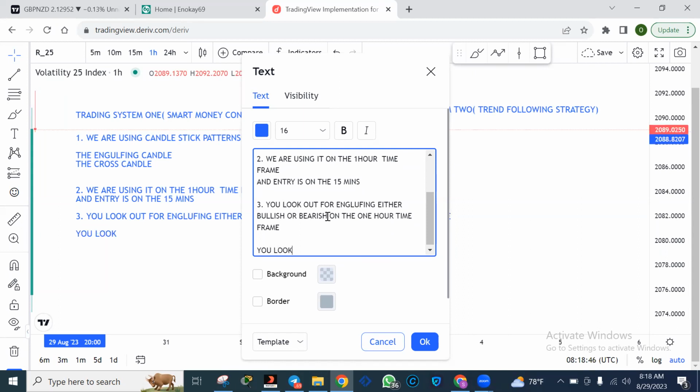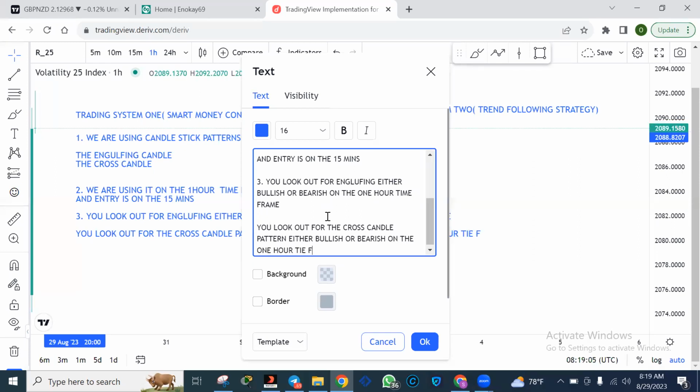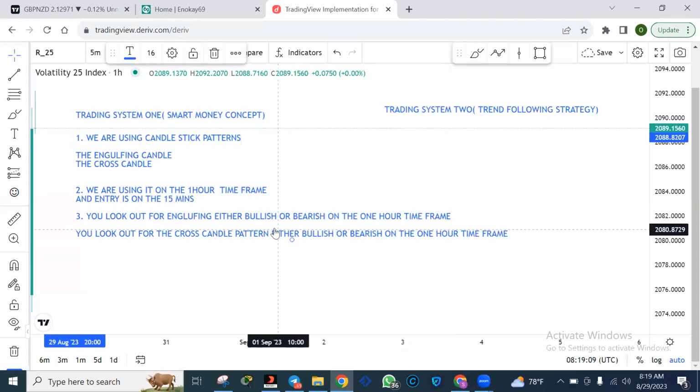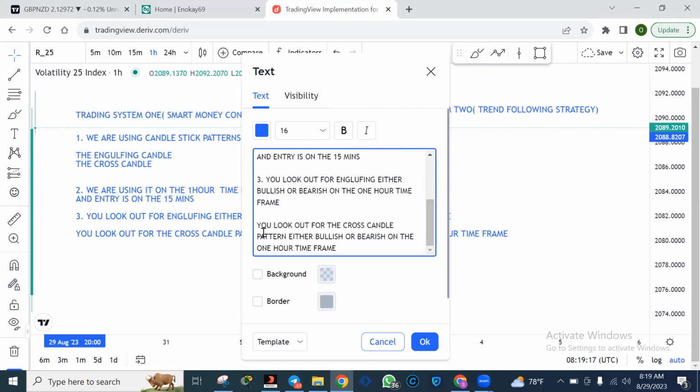You look out for the cross candle pattern, either bullish or bearish, on the 1 hour time frame. Take note of these rules, okay? Make sure you write them down.